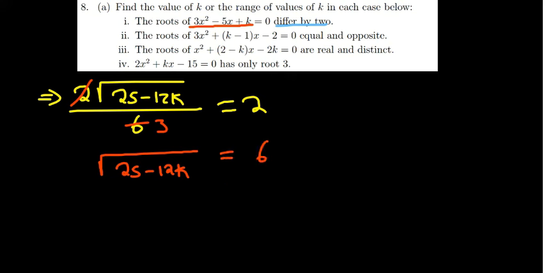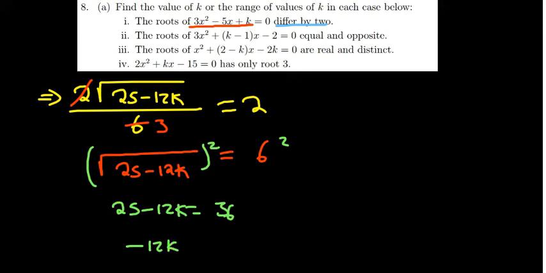So at this point I can square both sides. So here the square root will disappear. On the other side it will be 36 because 6 squared is 36. So what I've done is I've squared both sides. So negative 12k, and then we have 36 minus 25.